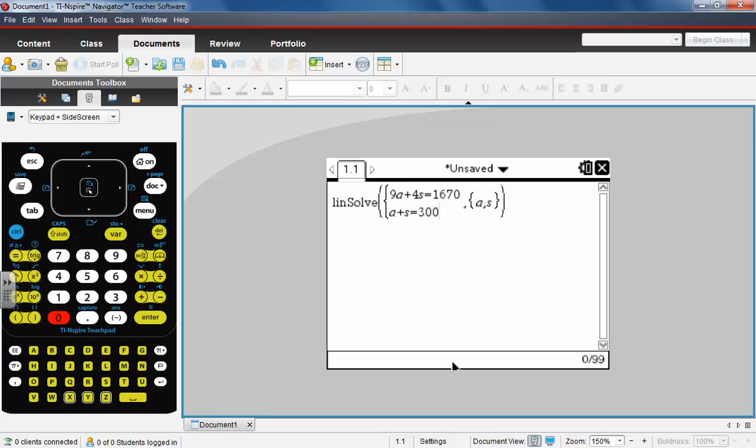And so the first answer is going to be whatever my A value is, because I put A first, and the second is going to be whatever my S value is. So that means that we sold 94 adult tickets, and we sold 206 student tickets.